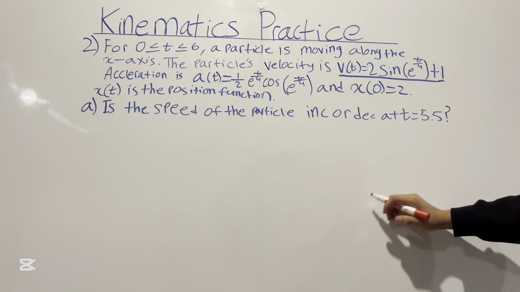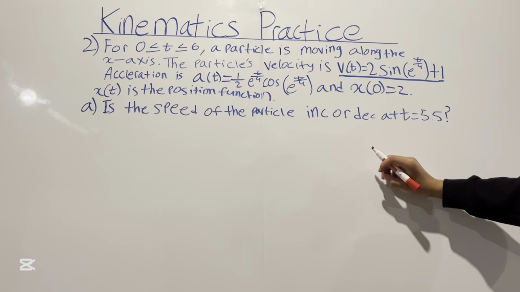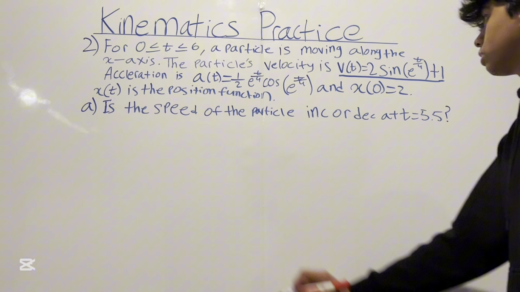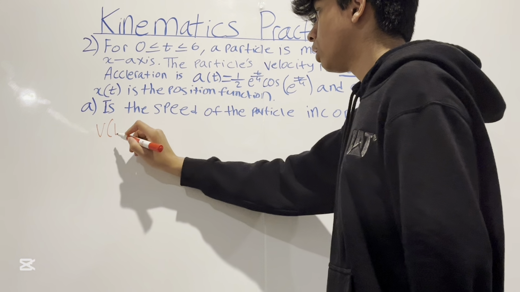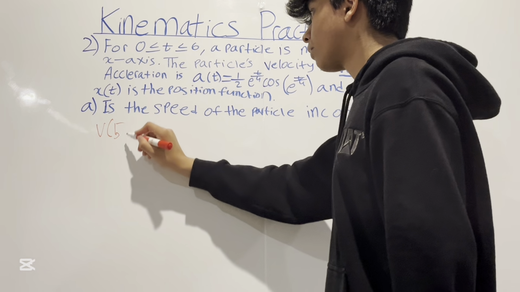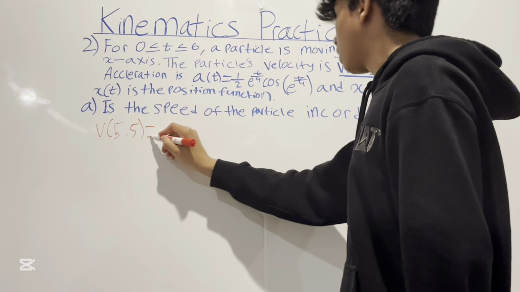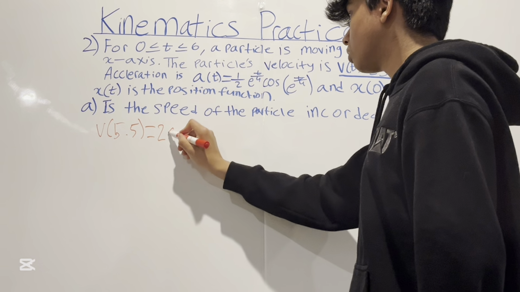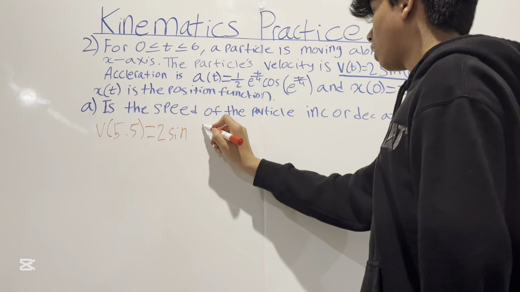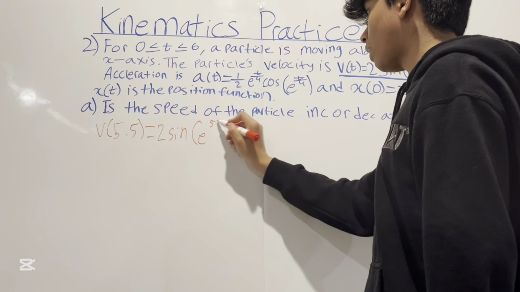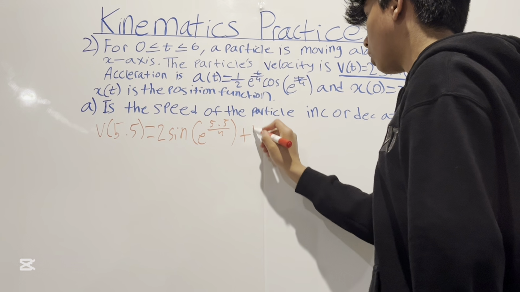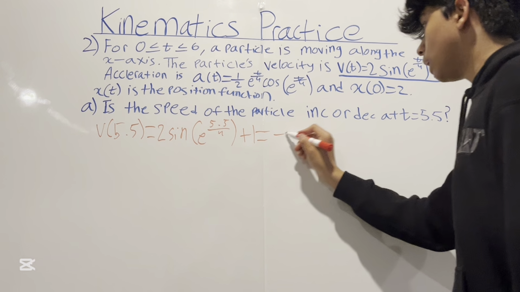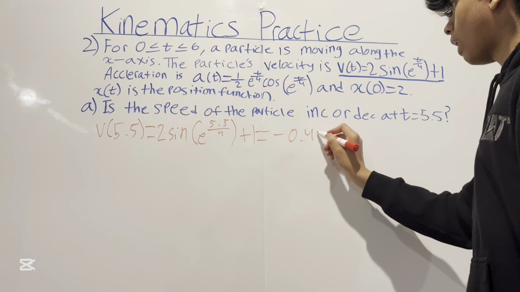So first, let's find the velocity at t equals 5.5. So to do that, all we have to do is just plug in 5.5 into the velocity function. And this is going to be 2 sine of e to the 5.5 divided by 4 plus 1, and this is going to equal negative 0.453.